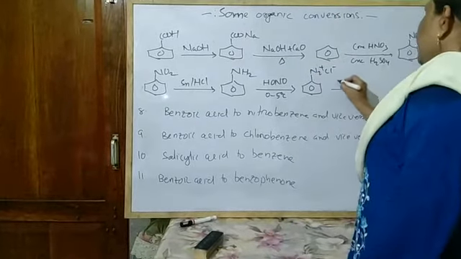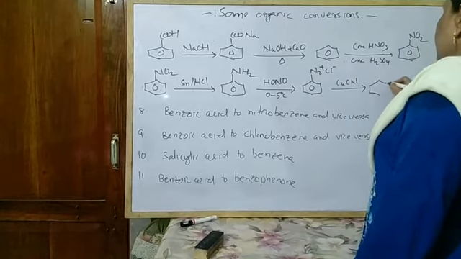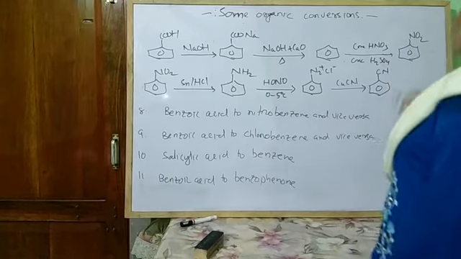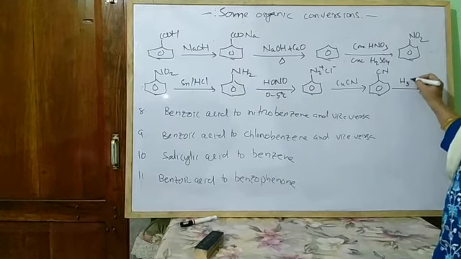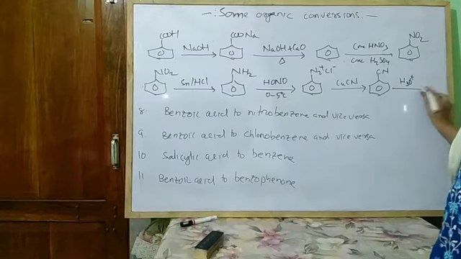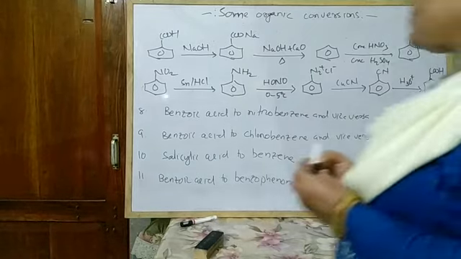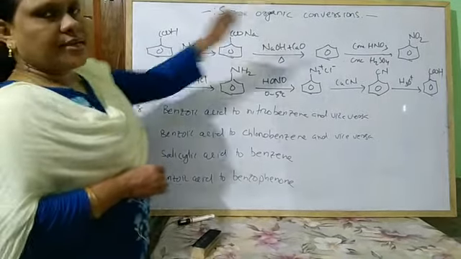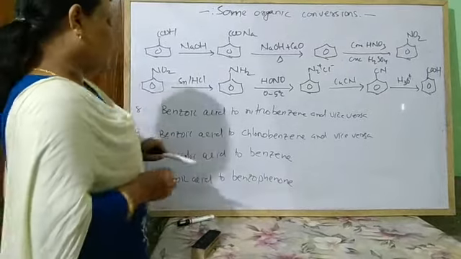BDC when treated with copper cyanide in presence of potassium cyanide, it forms cyanobenzene. And cyanobenzene when it undergoes acidic hydrolysis, it forms benzoic acid. So this is the conversion of benzoic acid to nitrobenzene and again nitrobenzene to benzoic acid.